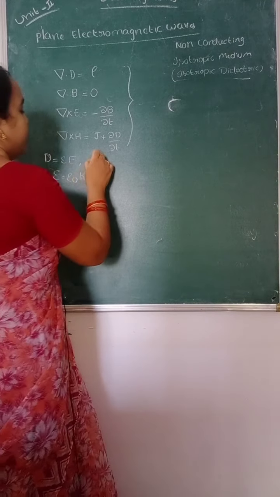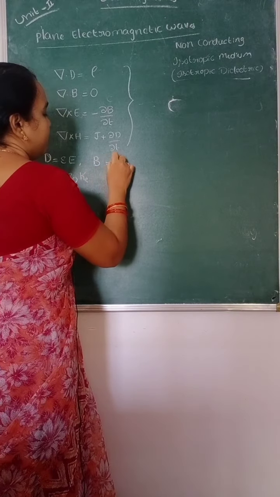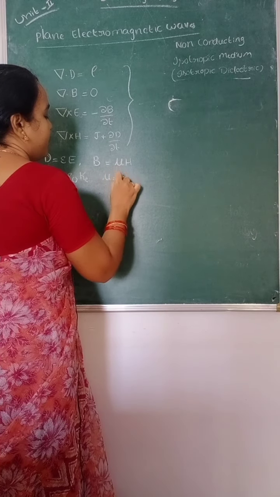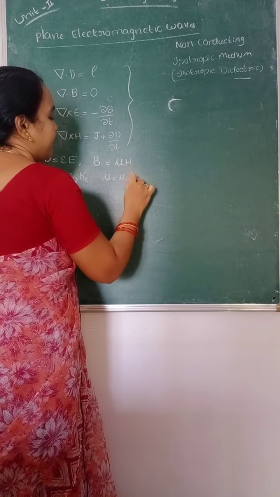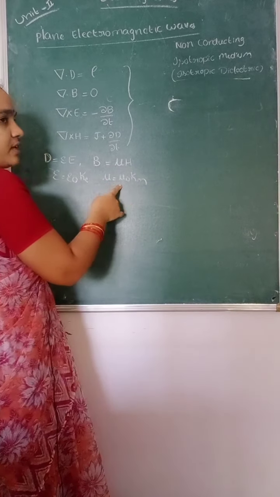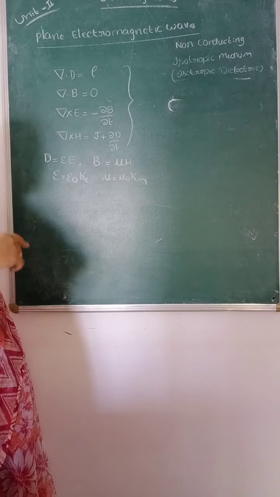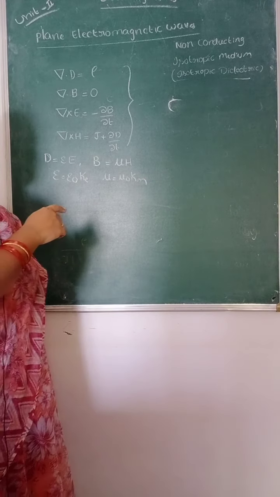And similarly, B is equal to mu H, where mu is equal to mu naught into Km, permeability of free space multiplied by the dielectric constant of that particular isotropic dielectric medium.